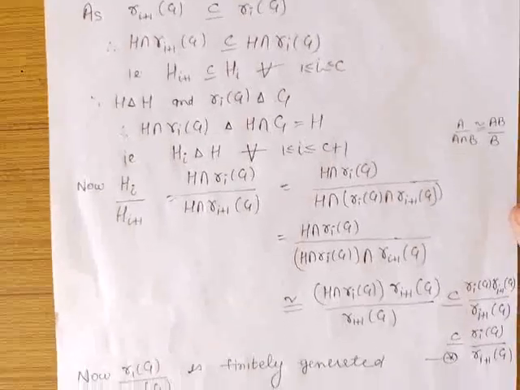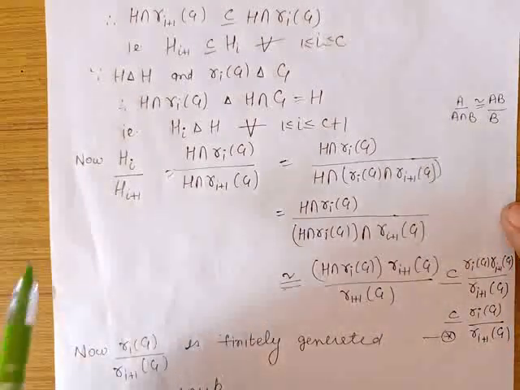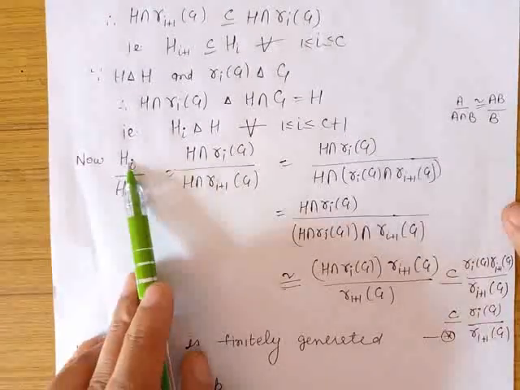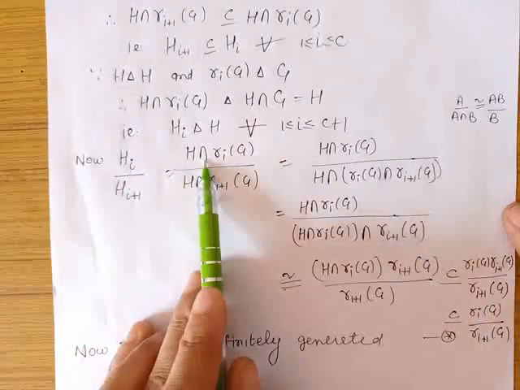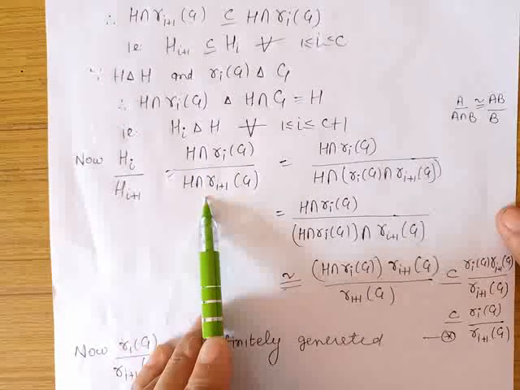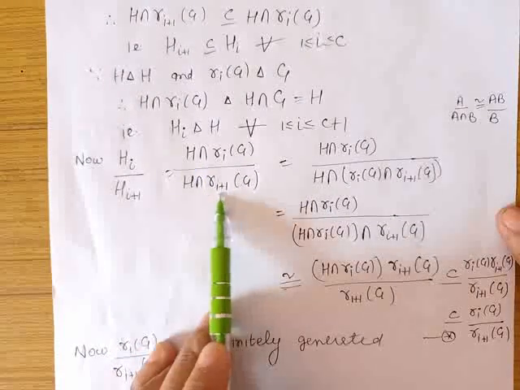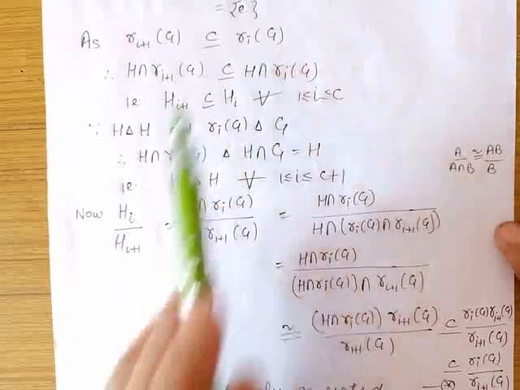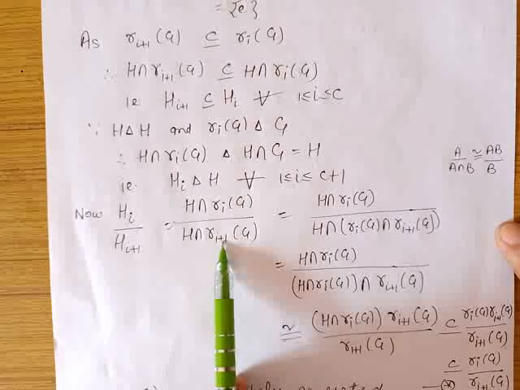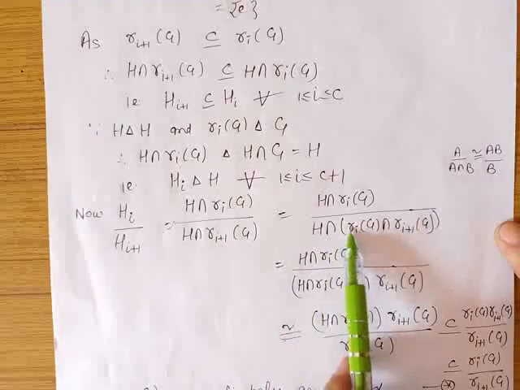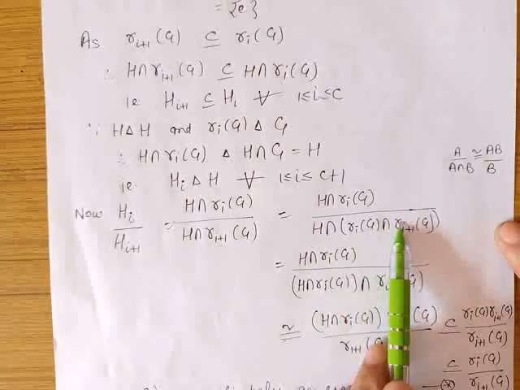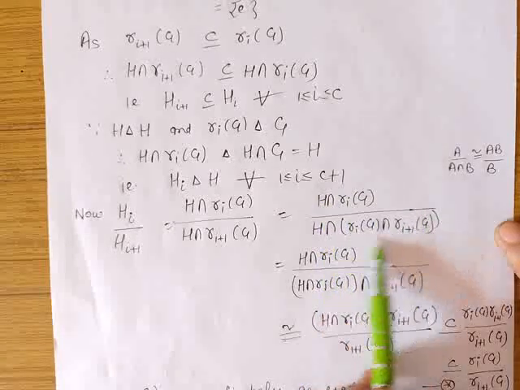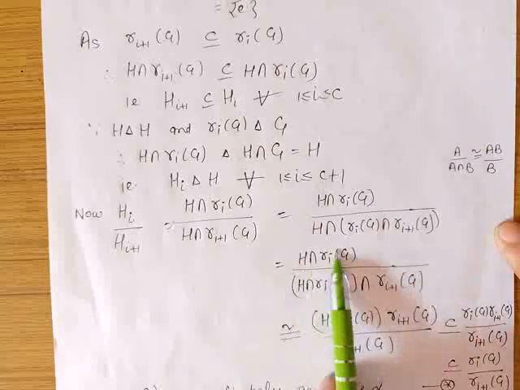Now, let us consider the factor group H_i by H_(i+1), putting in the values of both H_i and H_(i+1). Now, gamma_(i+1) is contained in gamma_i, so gamma_(i+1) can be written as gamma_i intersection gamma_(i+1). Now, this can further be written in this form.